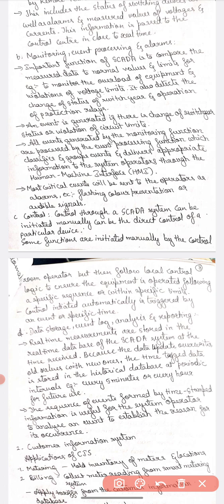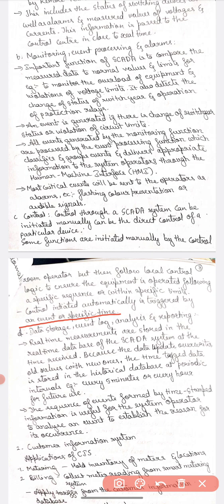That is control through a SCADA system, initiated manually as direct control of a particular device. Some functions are initiated manually by the control room operator but then follow local control logic to ensure the equipment is operated following a specific sequence or within specific limits. Control initiated automatically is triggered by an event or a specific time.